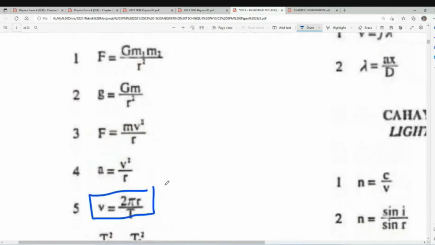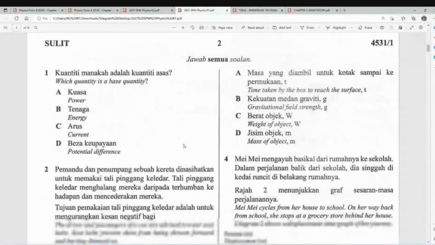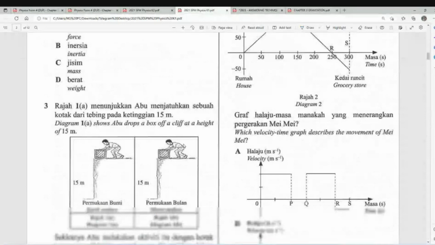And there were more questions asking about the relationship. If you look at last year's questions, for example like this one.